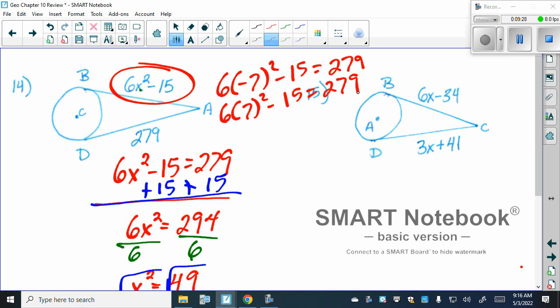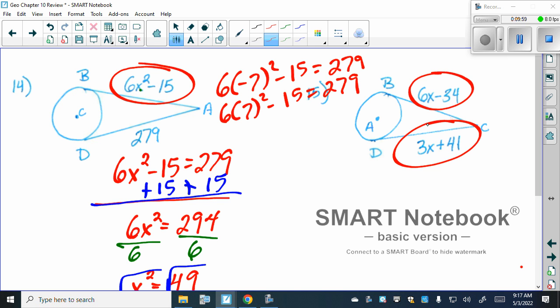There are two that have it, and I will want both. Okay? So if the square is at the start of the problem, we're most likely going to need the plus or minus. We'll come across one later where neither one has an x squared to begin with, because if we remember our tangent and secant line, the tangent squared is equal to the exterior times the whole, we don't need that plus or minus.